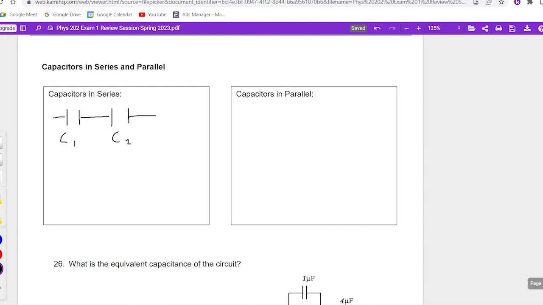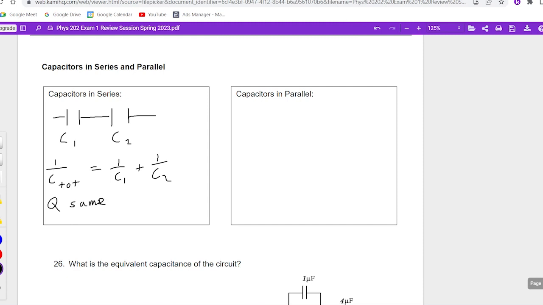Now, the logic for how we add them is strange for series with capacitors. You do this reciprocal logic. 1 over C total equals 1 over C1 plus 1 over C2. That's how you find the total capacitance. Now, what's interesting is when they're in series that the charge Q is the same for all of them.